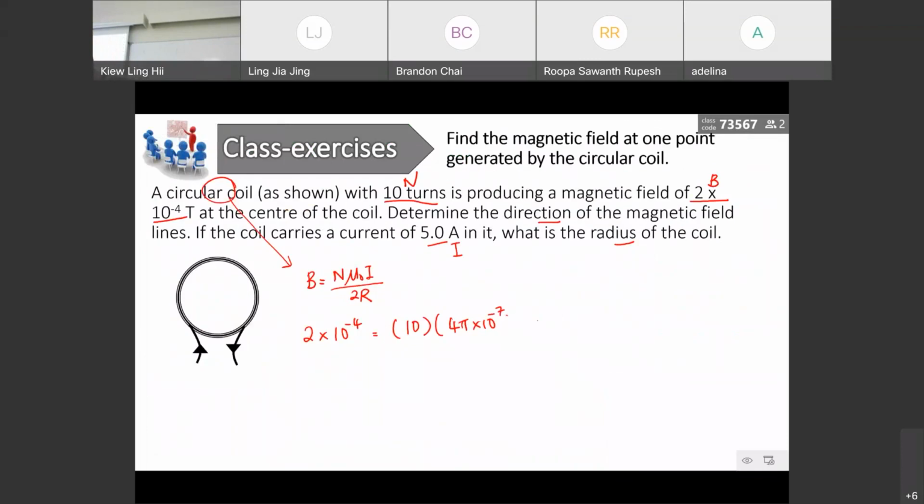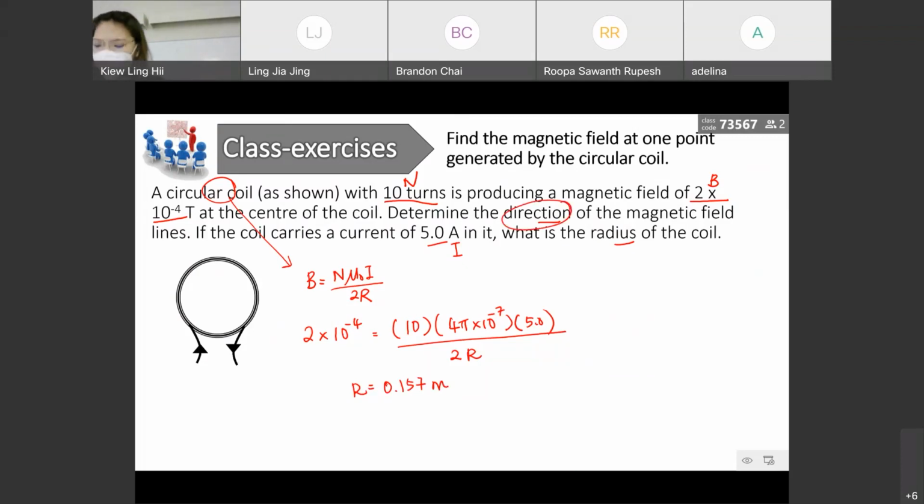The current is given as 5. Radius is unknown. So solve this equation. Radius is 0.157 meter. Find the direction of the magnetic field at the center of the coil.